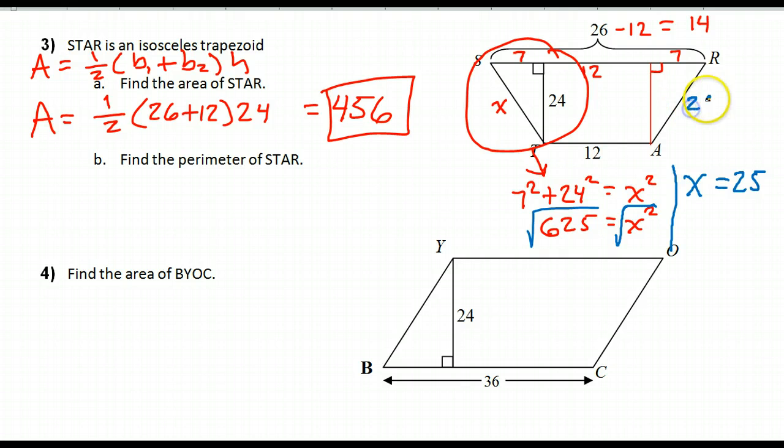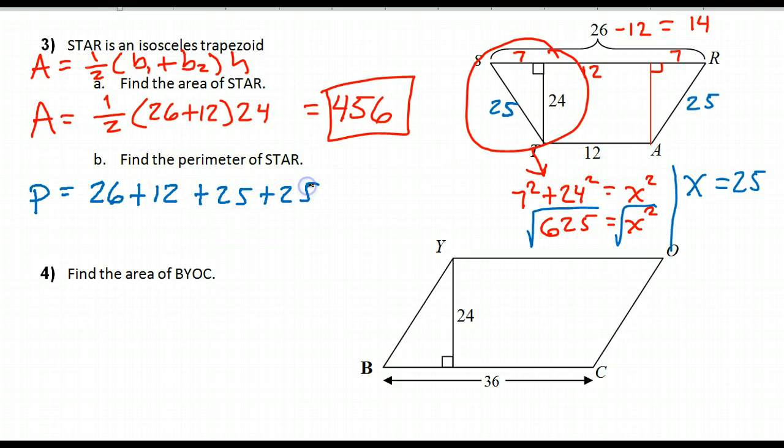It's isosceles, so both of these legs should be the same. This remaining side is going to be 25. Now I have all of the sides, so the perimeter should be 26 plus 12, those are the two bases, plus 25 plus 25, those are the two legs. Add up those four, and the perimeter is 88.